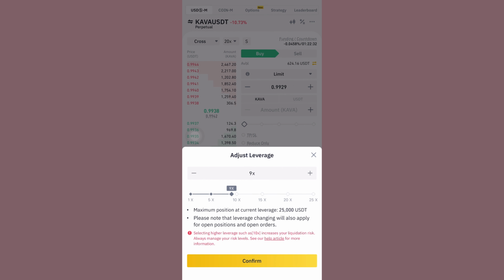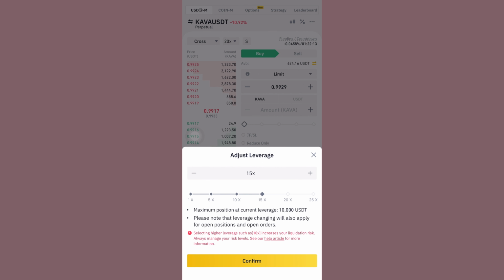Remember, the same way you can make money with high leverage, you can also lose your money with high leverage. You can lose a lot of money with high leverage, so you would want to minimize or reduce the leverage you use, especially as a novice.